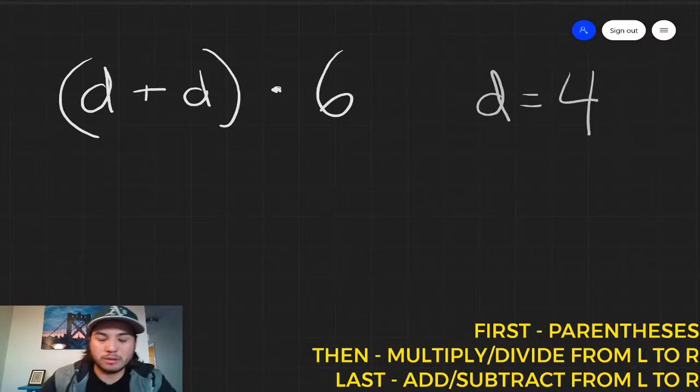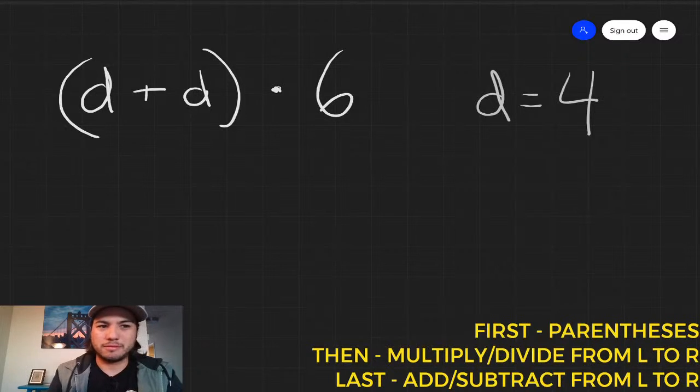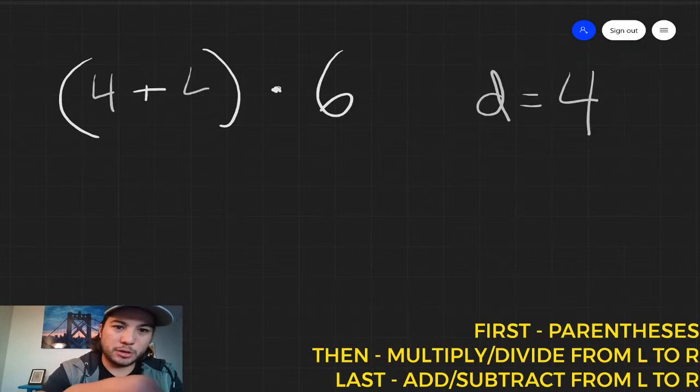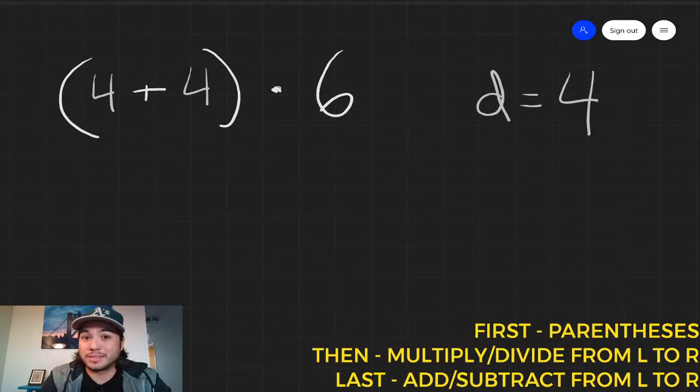So don't be panicked by the presence of two of the same letter, right? All you do is you put a 4 here, you put a 4 here, right? D equals 4 means D is going to be a 4 every single time it shows up. Okay? Parentheses first, then multiply.